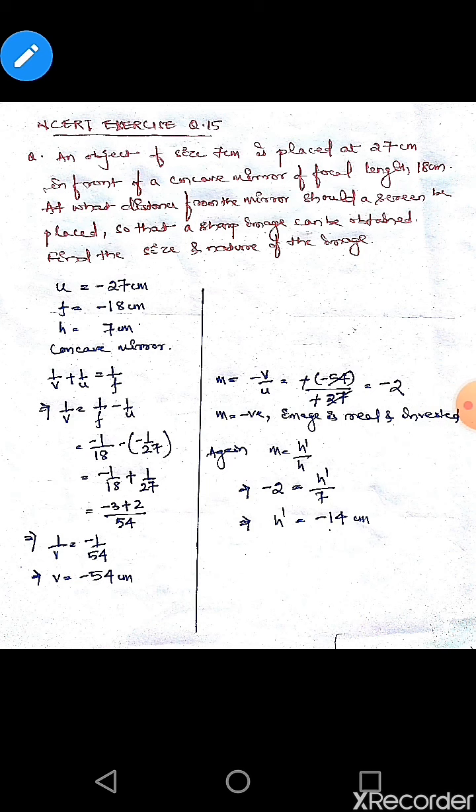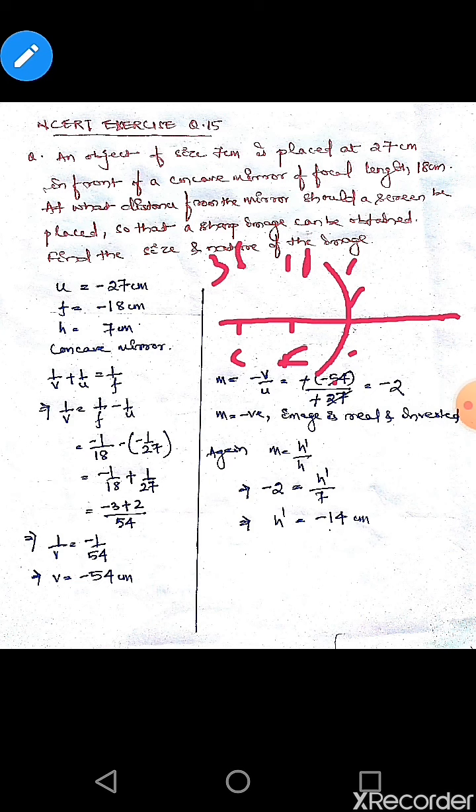You are provided with a concave mirror, so I am going to draw a concave mirror. Let's say this is C, this is your F. The focal length is 18, so the center of curvature would be at 36. The object is placed at 27 centimeter, that means it must be in between C and F.